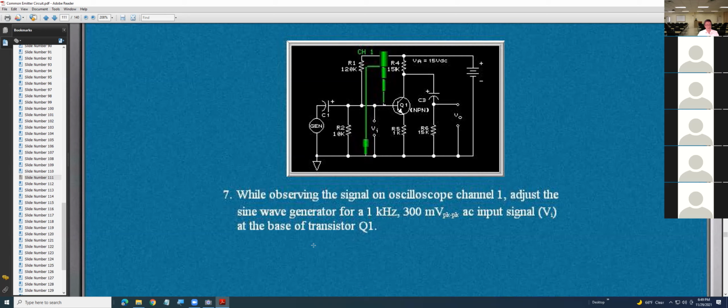And this one will be a little more as you go down. They're just using CM. That means they change a few things and try to make sure you know what to do. So that will be complete for the CE amplifier.